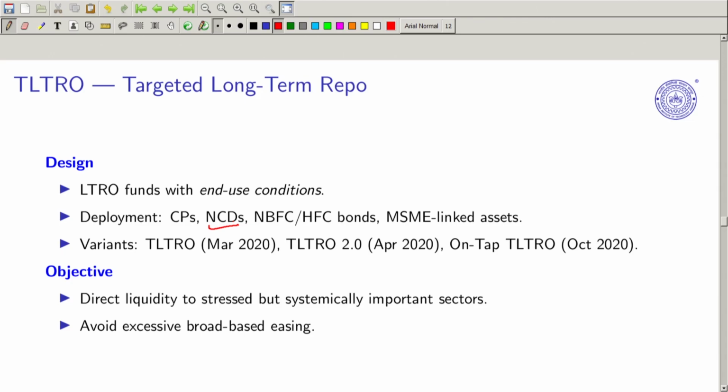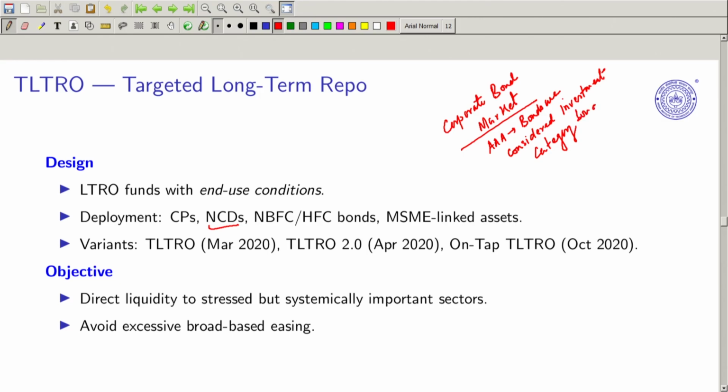In India, if you ask me, because I am talking about the corporate bond market, AAA rated bonds are considered investment category bonds, right?